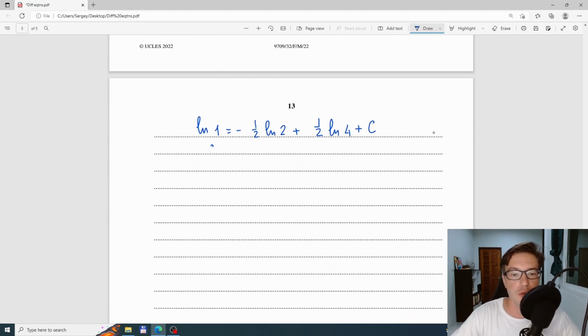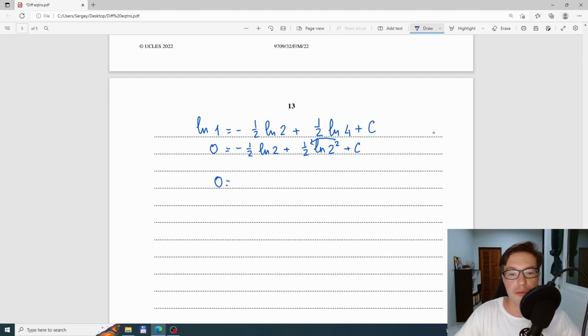Okay, natural log 1 is 0, equals minus a half log 2 plus a half, and instead of 4, I'm going to write 2 to the power of 2, plus c. Why? Because I want to combine the two logs together, and writing 4 as 2 squared gives me a chance to move 2 in front of the log.